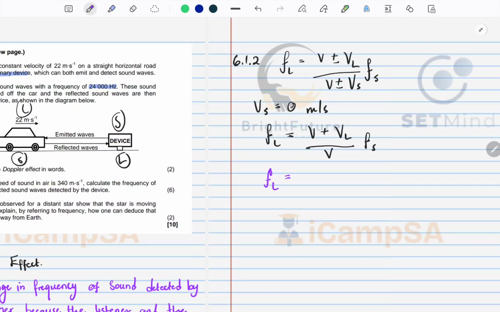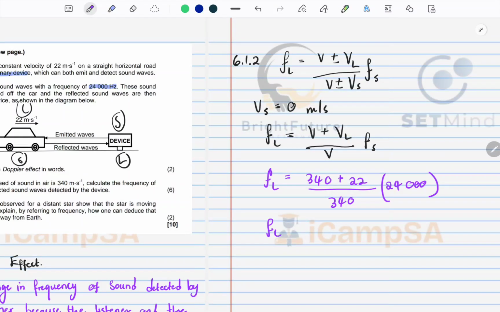V is 340 plus the listener, which is the car at this point, 22 meters per second, all over 340, times the frequency that was emitted, 24,000.